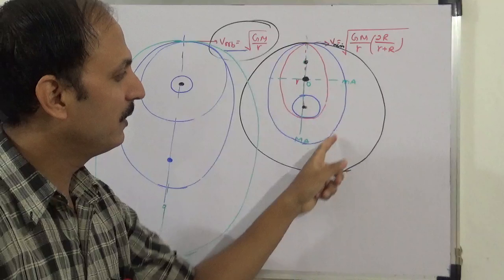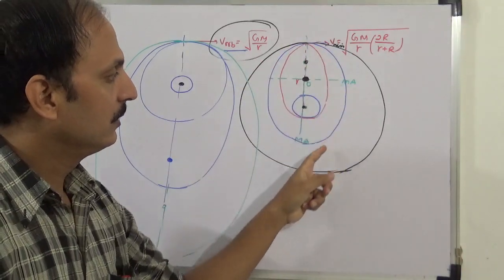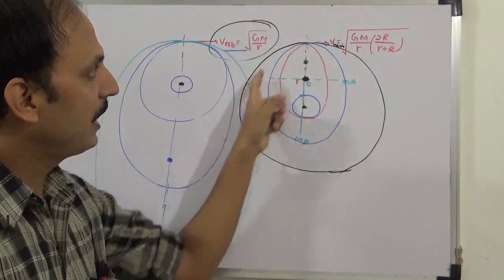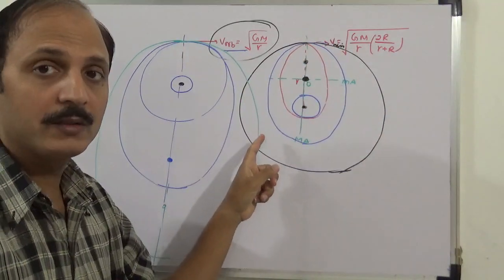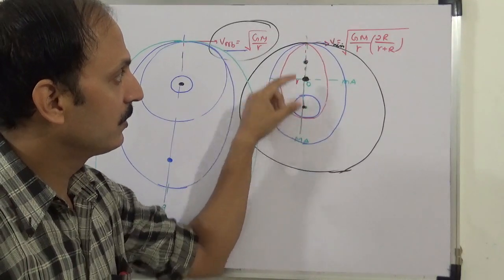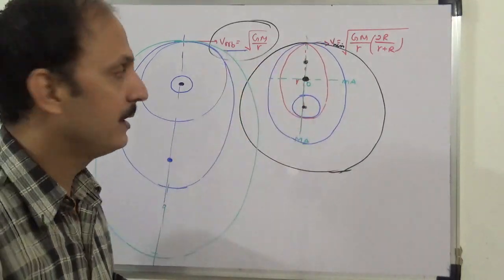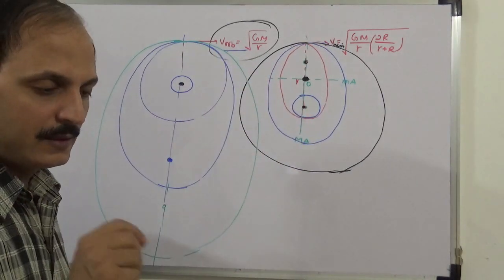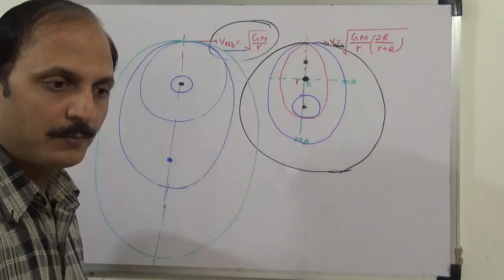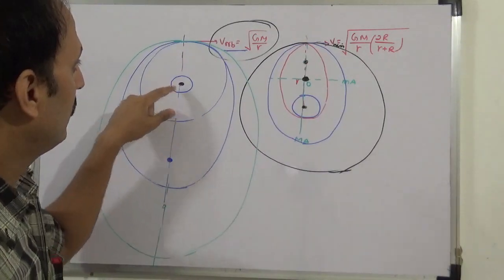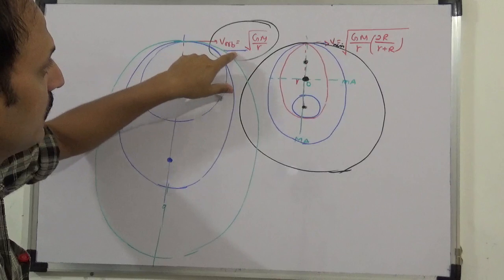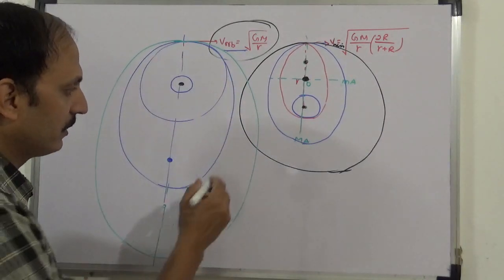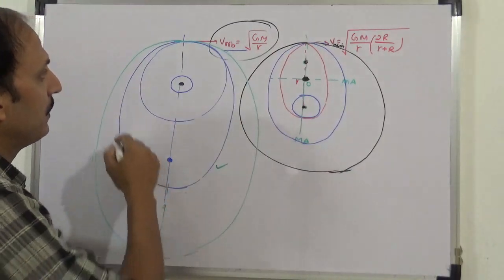If we keep on increasing the velocity, the size of the elliptical path is going to increase, and for some velocity it becomes circular. The black one is circular. The moment it becomes circular, the two foci coincide, and that becomes the center, which is here. Means the center of the earth will become the center of that circular path also. Again, if you increase the velocity more than this, it is going to execute this path, it will again become elliptical.